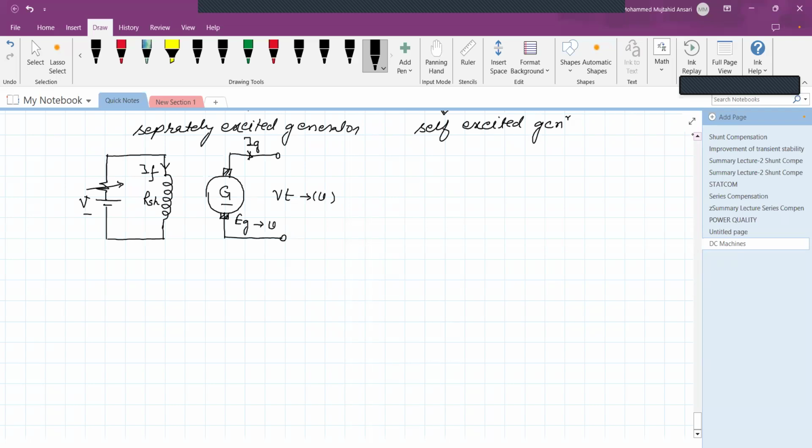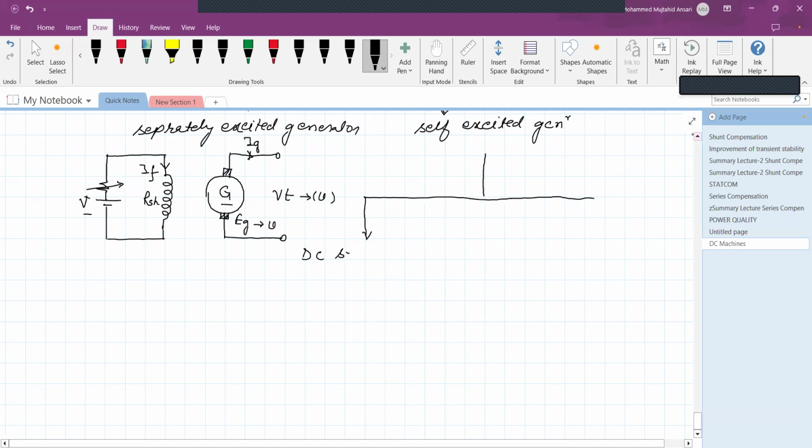So this is the separately excited generator. Whereas in the self-excited generator, there is again a classification. First is the DC series generator.